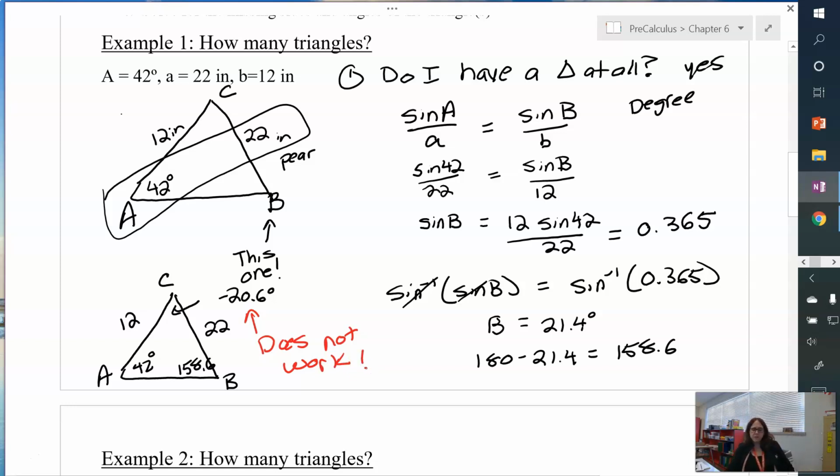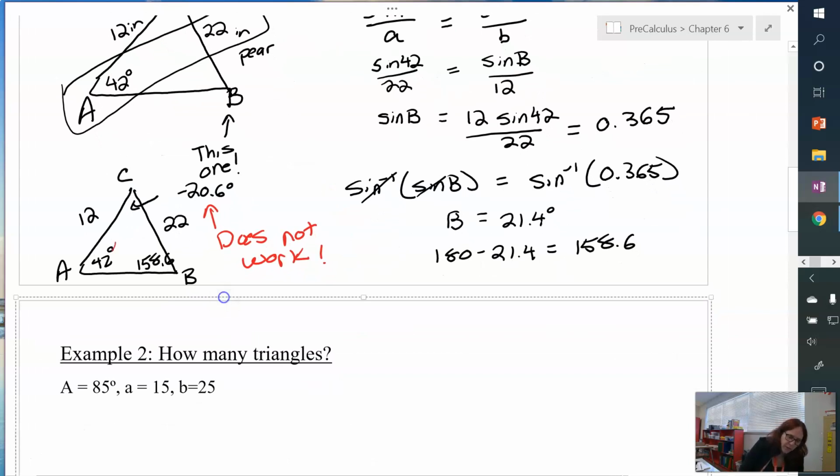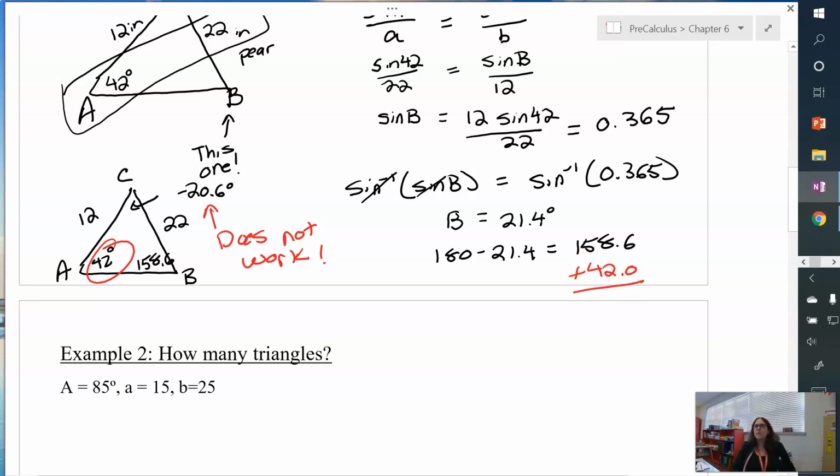Now, the quick way I could do this is I could just take that 158.6 and add my original angle. So I'm going to add 42, which was the original one that I was given. And if I get a number bigger than 180, I know there's no way that I can have a triangle, because whatever I get for angle C is going to be a negative number. 158.6 plus 42 gives me 200.6.